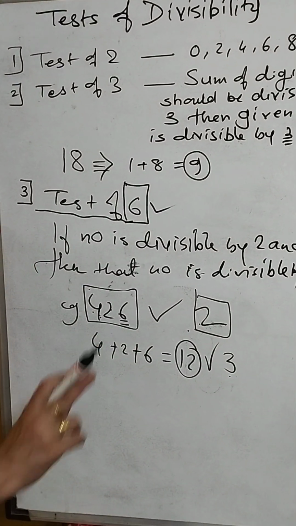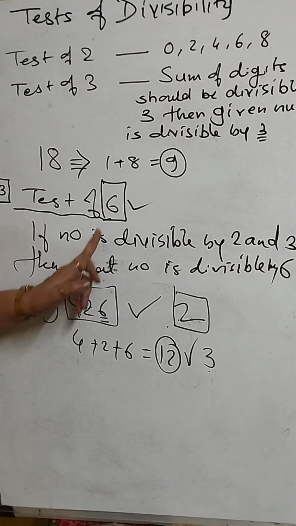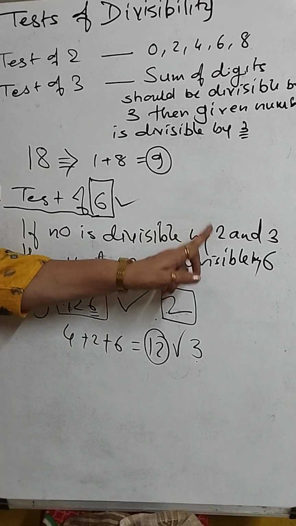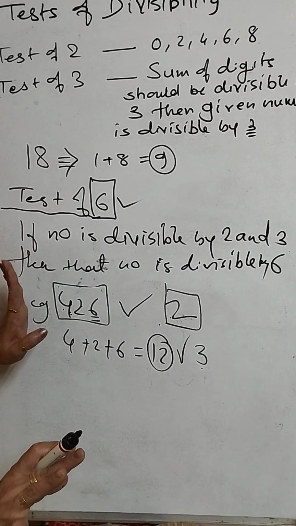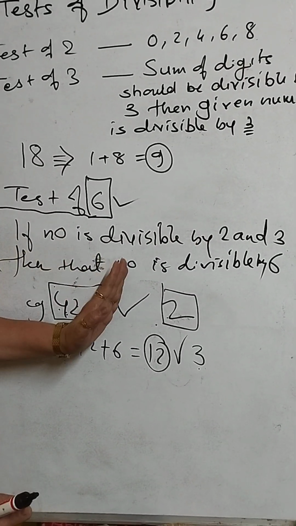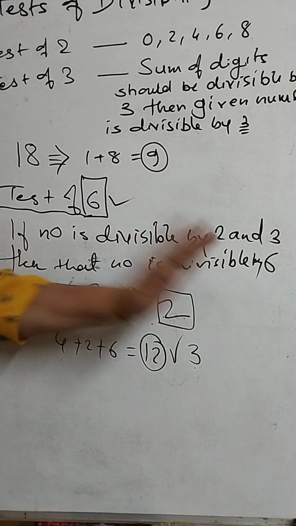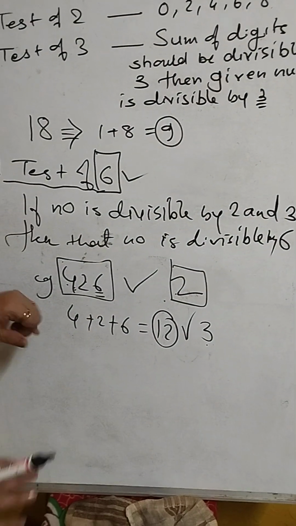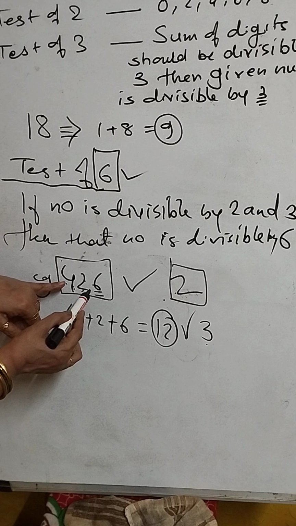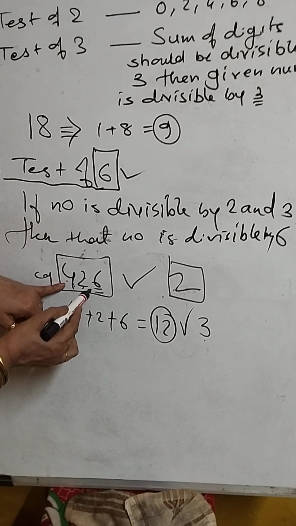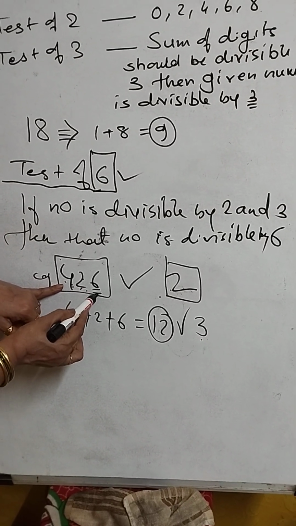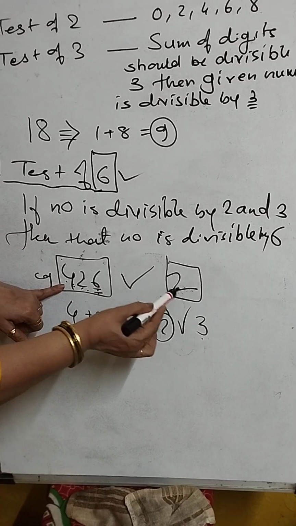I repeat, if a number is divisible by both 2 and 3, then that number is divisible by 6. How? 426 is the given number. The units place 6 is divisible by 2.